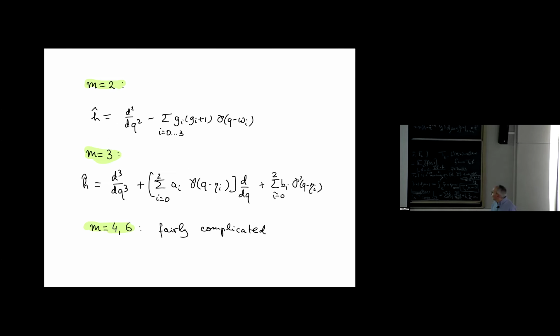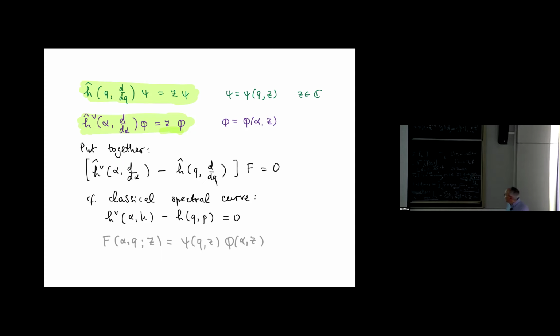And so in particular, this is the original Hamiltonian after quantization. This G squared becomes G plus 1. A bit more complicated, but a third order operator you get in this case, and for m equals 4 and 6, you get fairly complicated differential operators of order 4 and 6.